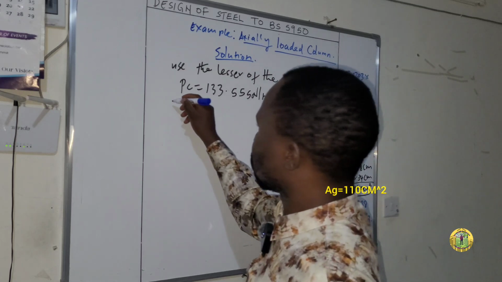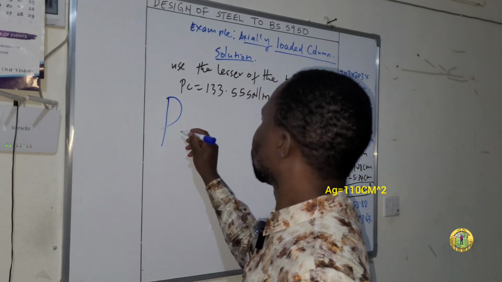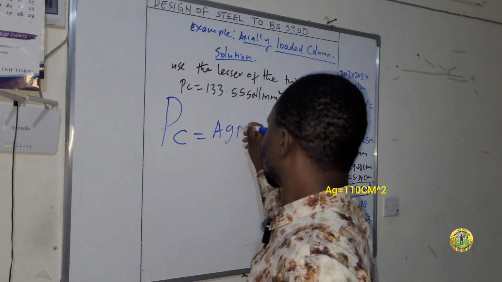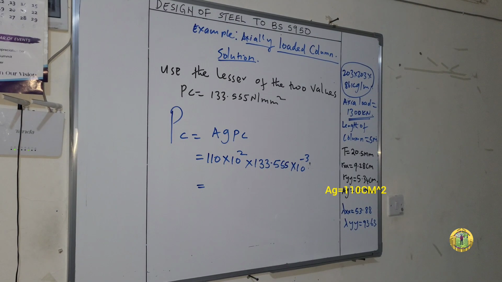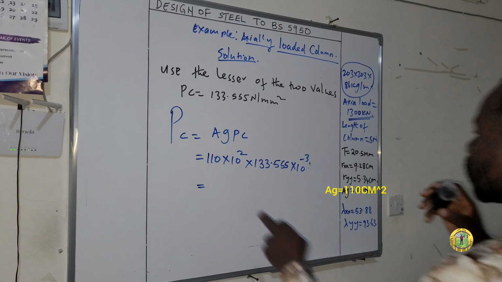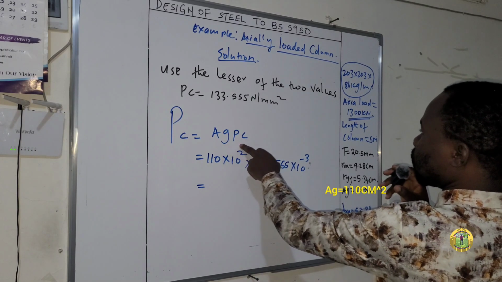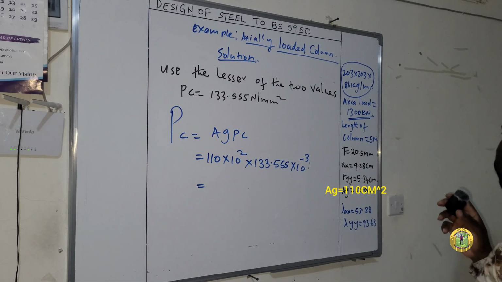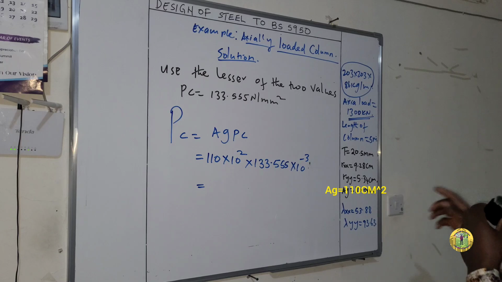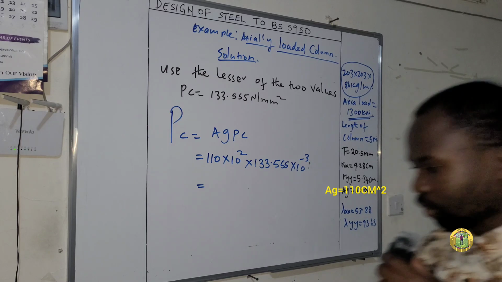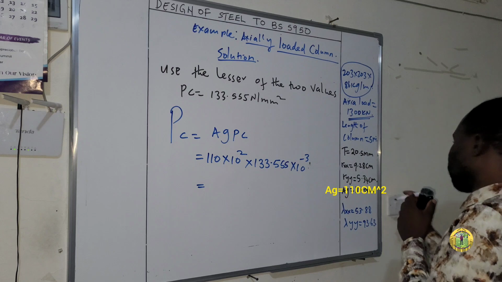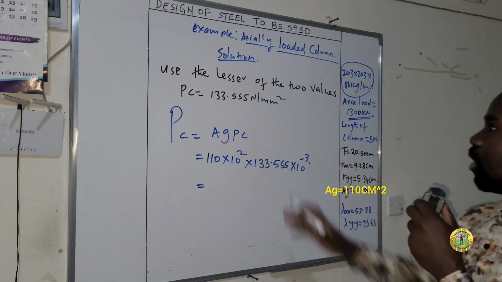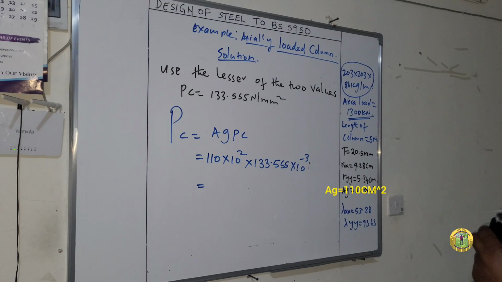So Pc, this is now capital P subscript c, the compression resistance, is given by Ag times pc, and this Ag is the cross section area, which is 110 centimeter square, and the pc is 133.555 Newton per millimeter square.